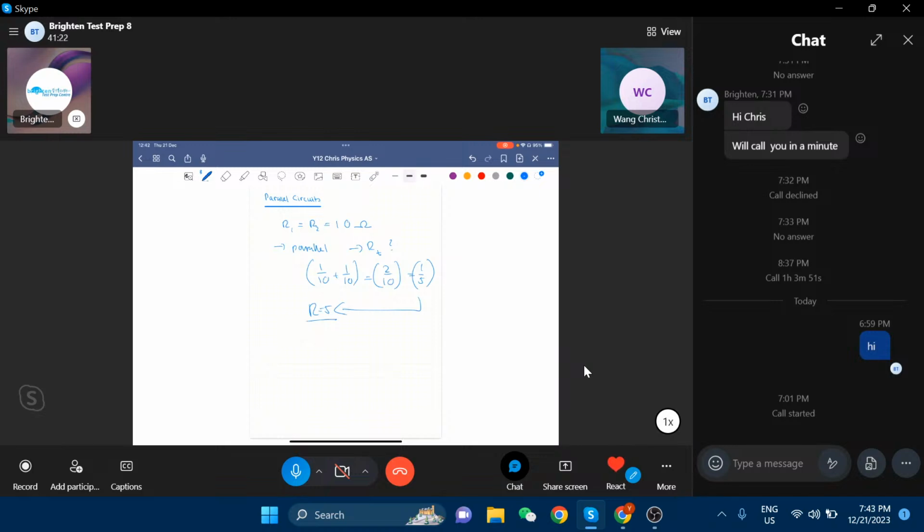Let's say we have 100 ohms and 200 ohms in series, and we put that in parallel with another one of 200 ohms. So these two are in series, and then they are put in a parallel circuit with a 200 ohm.